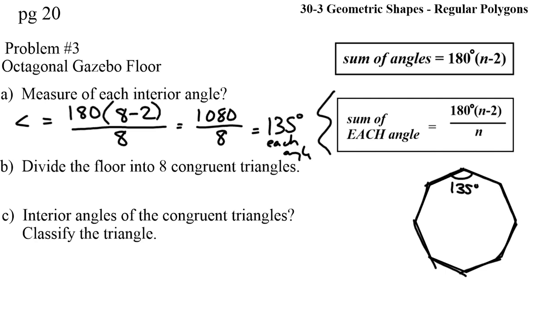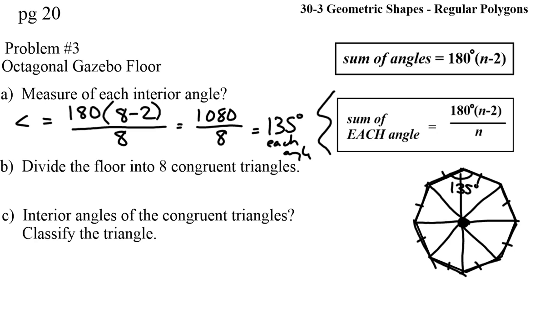But what's nice is that any regular polygon, like part B says, can be split into congruent triangles. Every triangle is the same. Because it's a regular polygon, every base is the same, and they meet in the middle, so all the measures are the same.